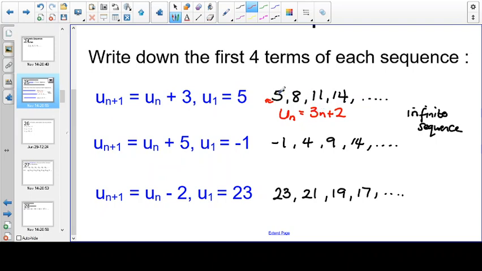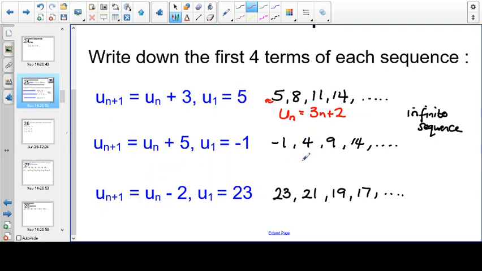Remember, this links the position that the number's in with its term. So this is in position 1, so u1 will be 3 times 1 plus 2, which is 5. This is in position 2, u2 will be 3 times 2 plus 2, which is 8, and so on. So this tells us how to get from one term to the next, and this tells us how to get from the position that the number is in to the value.